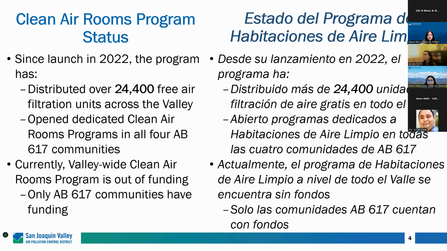And for you all, once we open that program, you can go on the application portal and apply. If you're outside of the AB 617 communities, like if you just live in Bakersfield, you wouldn't be eligible for this program at this time. So it's kind of a nice perk for the community.